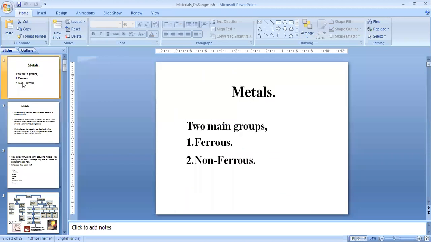Ferrous materials or metals may be defined as metals whose main constituent is iron, such as pig iron, wrought iron, cast iron, and steel and their alloys.